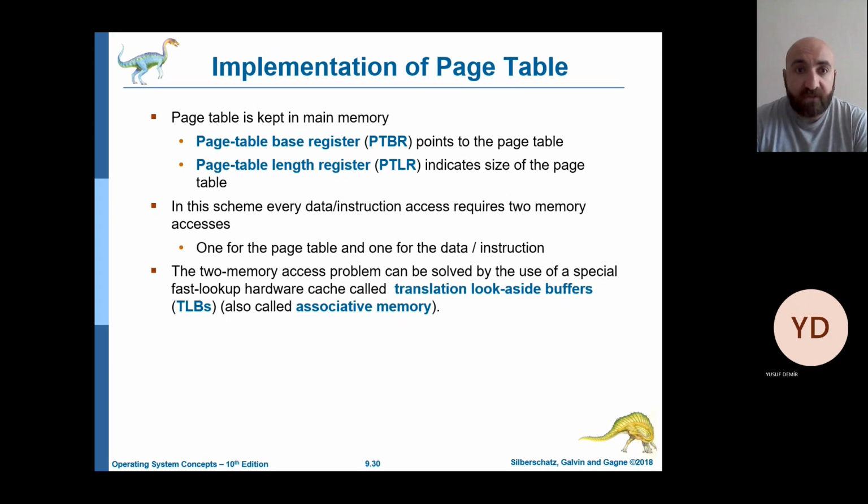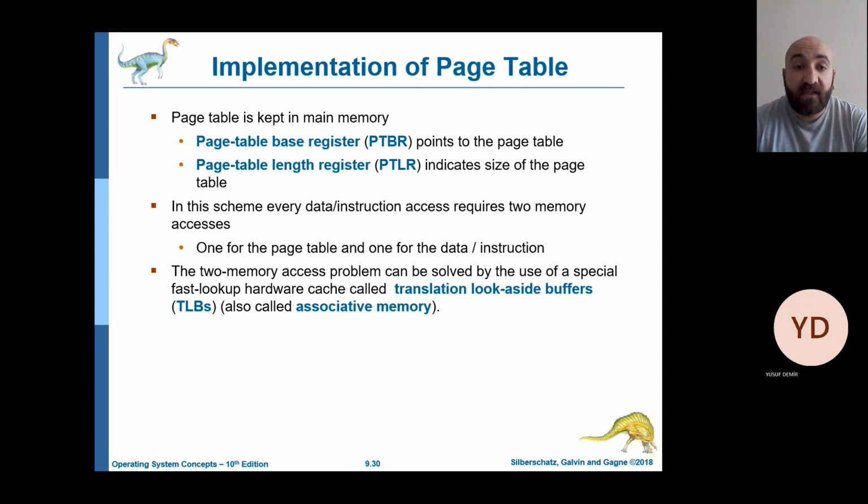The standard solution to this problem is to use a special, small, fast lookup hardware cache called the translation look-aside buffer, TLB for short. The TLB is associative, high-speed memory. Each entry in the TLB consists of two parts, a key or tag and a value.